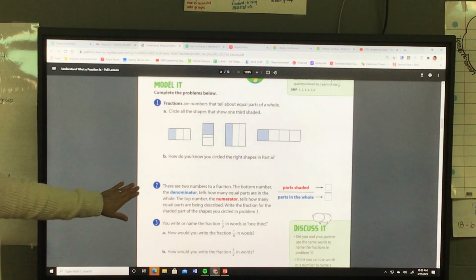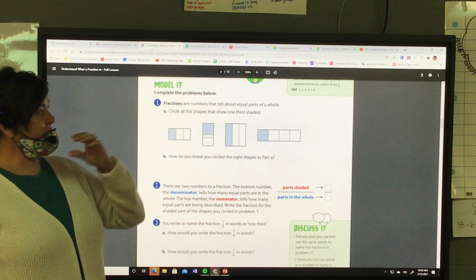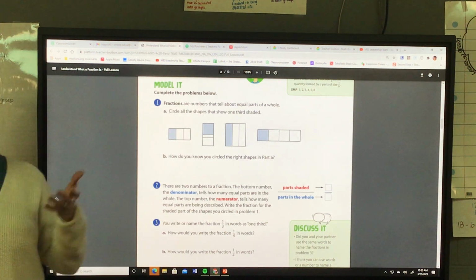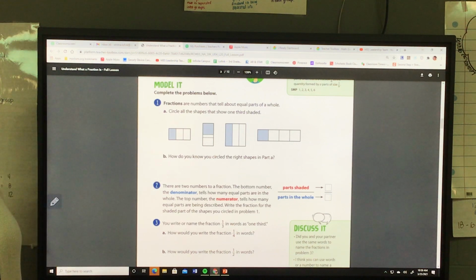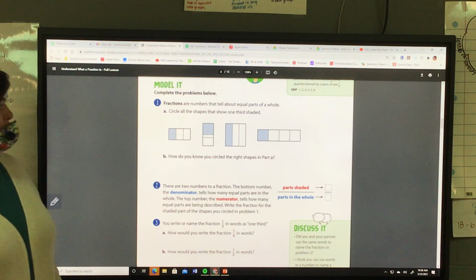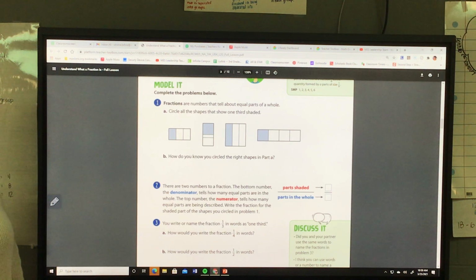Okay, so let's take a look at this. Fractions are numbers that tell about equal parts of a whole. Circle all the shapes that show 1/3. So go ahead and circle the shapes that show 1/3.